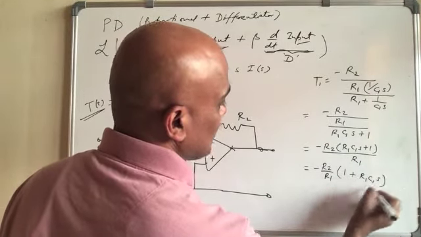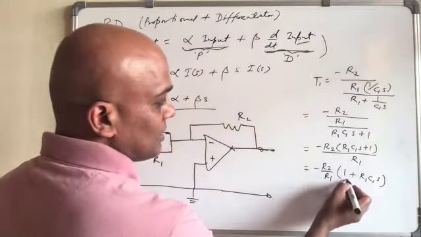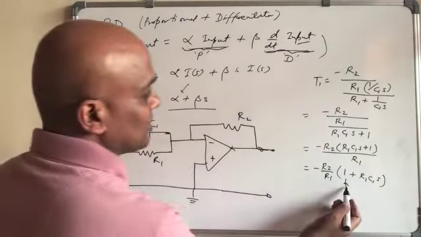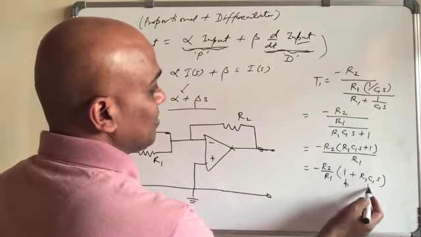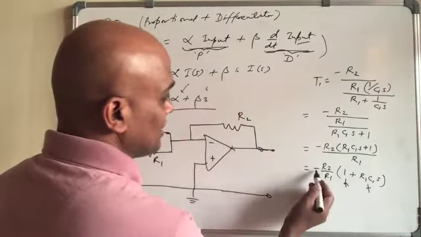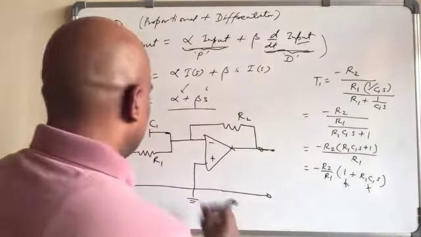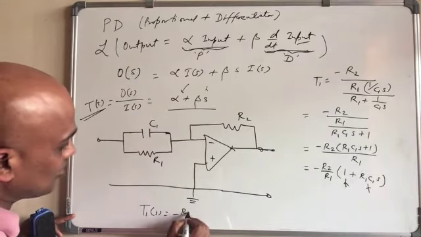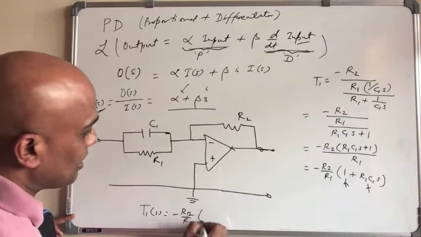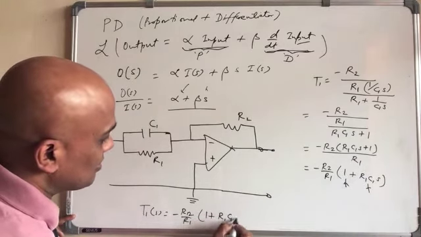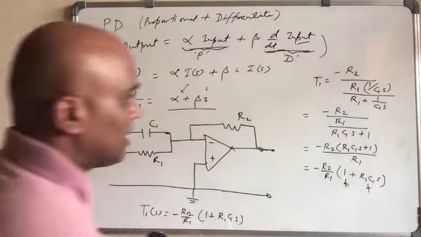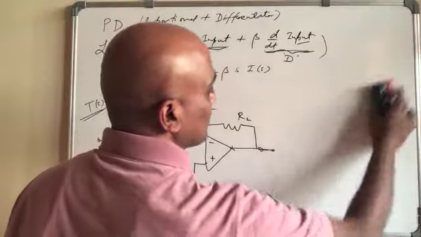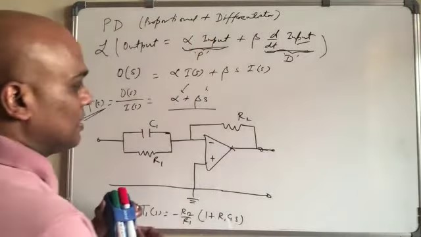And then we have the value 1 plus R1 C1 times s. So what you see here is a proportional term, the alpha type term, is coming, and then you have the s term like this, but the only thing is this is negative. Hence T1(s) is equal to minus R2 over R1 times 1 plus R1 C1 s. Second stage we can add here, and this will simply be a proportional one.